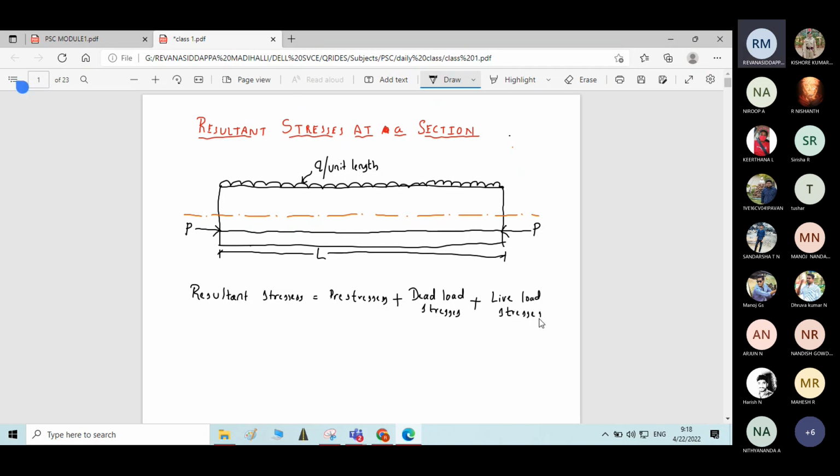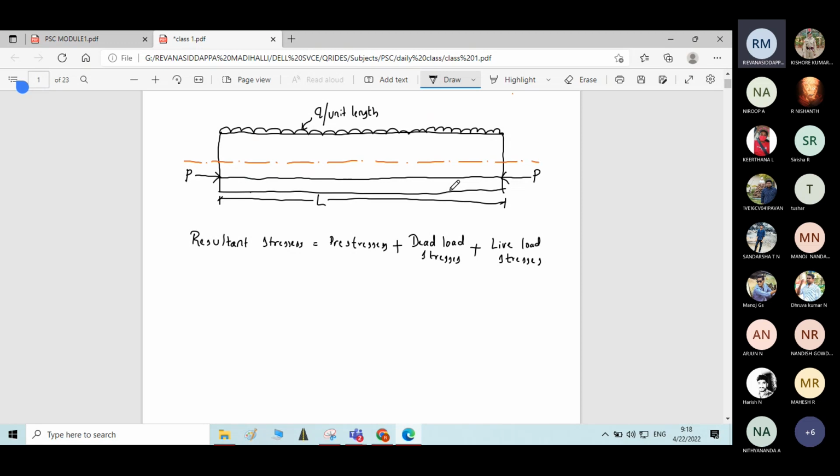The beam will be subjected to three main kinds of stresses here. One is stresses due to pre-stressing force, that is called pre-stresses. The stresses induced in the beam due to pre-stressing force are called pre-stresses. Then there are stresses induced due to self weight of the beam or its own weight, correct? That is called dead load stresses, and stresses induced in the beam due to live load acting on the beam.